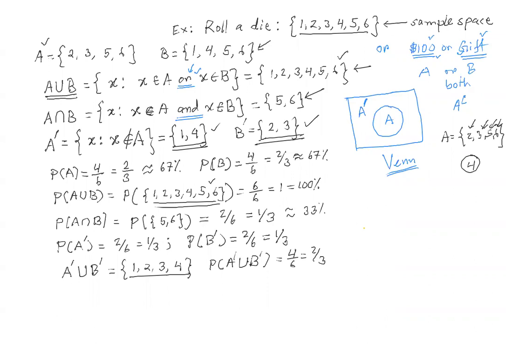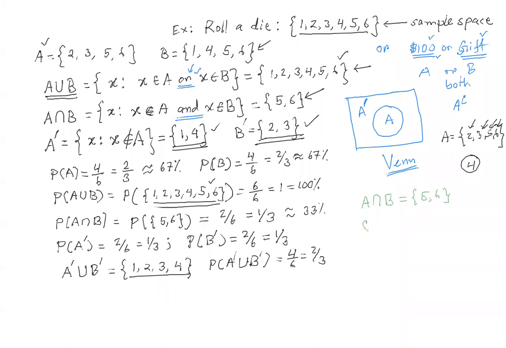Now let me define something slightly different. A intersection B, in our case, is 5 and 6, right? But let's define two other sets.